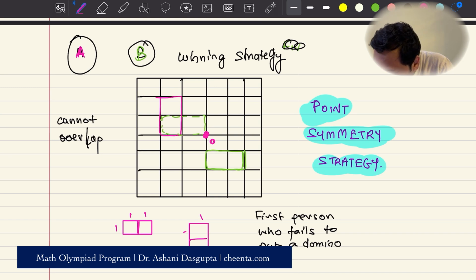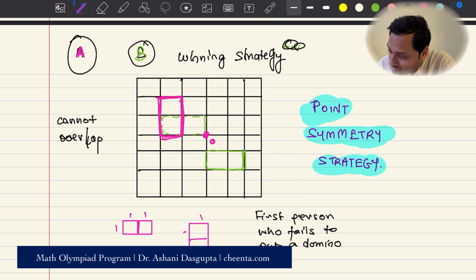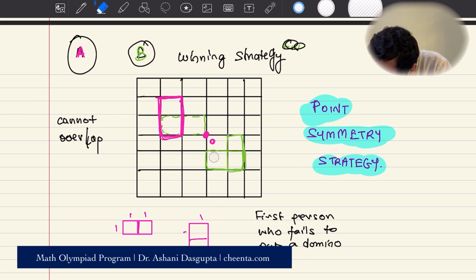Suppose I'm the first player, the pink player comes along and puts this particular domino. Okay? So what the green player would do, the next player, is that the person would just reflect this pink domino to here. So let me just erase this one.